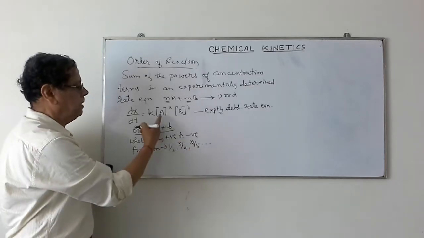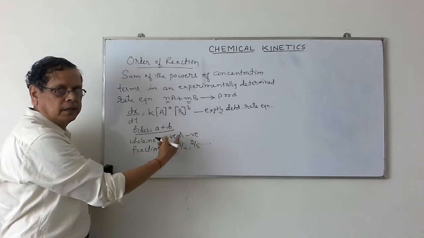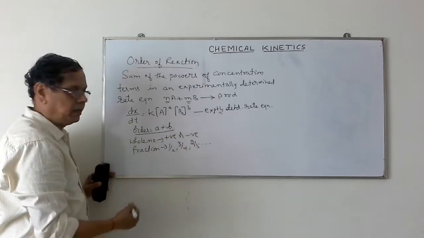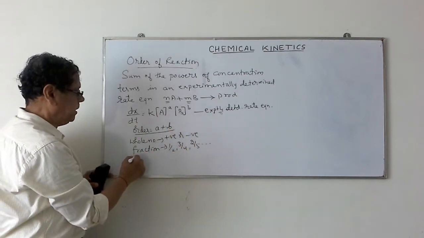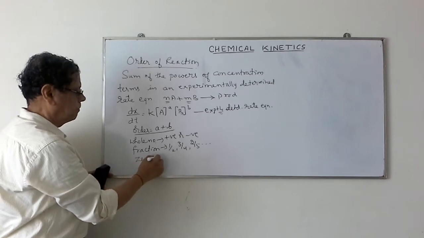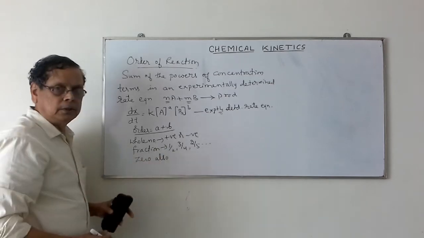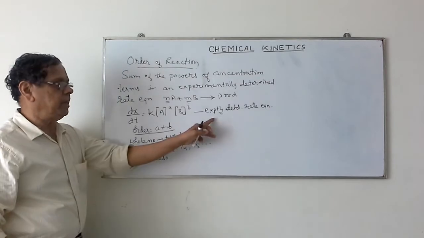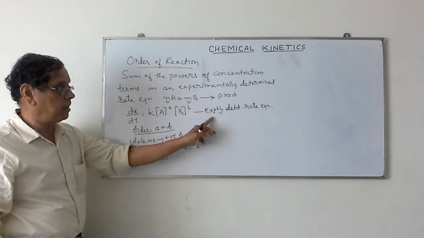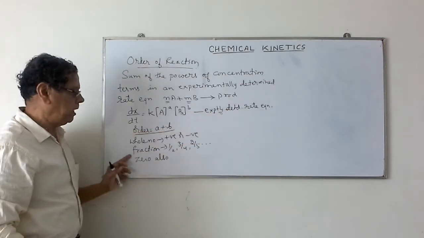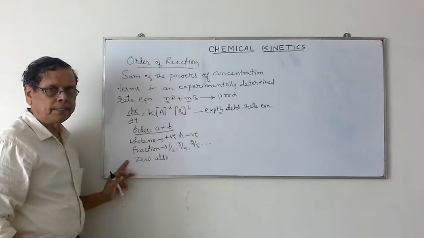Anyhow, it is the sum of the powers of the concentration terms in an experimentally determined rate equation. Sometimes it may be 0 also. So since it is determined from the experimentally determined rate equation, we can have any of these values.